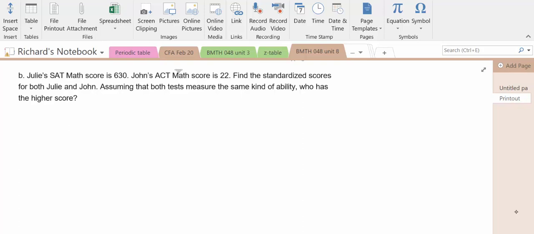So for the next question, we're going to be using the concept of the Z value or Z score to compare two different values that were generated from two different distributions, an SAT score and an ACT score. In order to do this comparison, I need to know the values of the scores. I also need to know the mean and standard deviation of the SAT distribution, and of the ACT distribution.